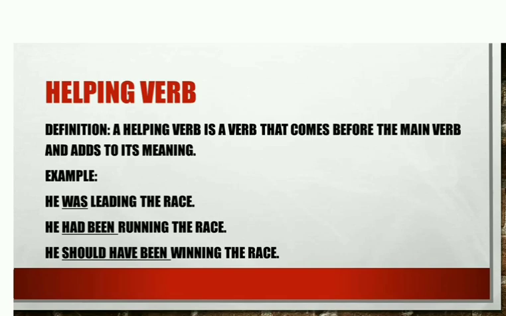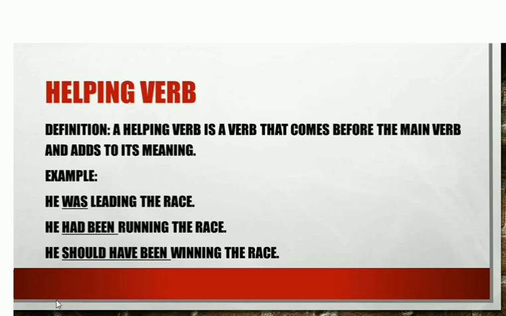Now, what is a helping verb? A helping verb is a verb that comes before the main verb and adds to its meaning. Example: he was leading the race. See here, leading is the main verb and was is the helping verb.